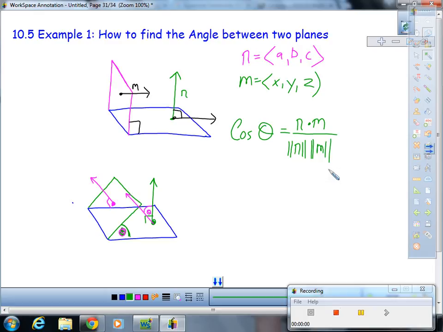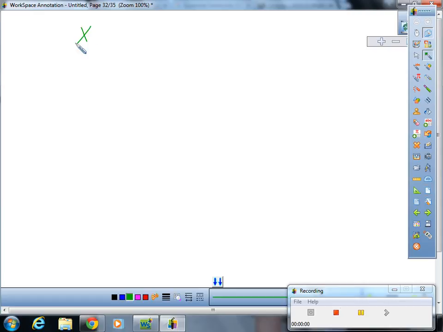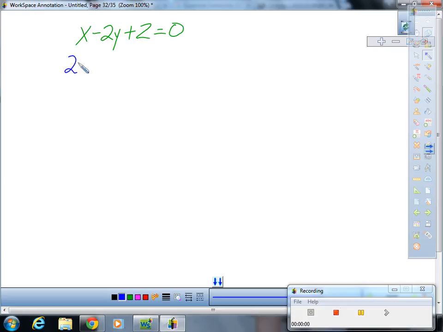So if we wanted to do an example, let's say we find the angle between the plane represented by x minus 2y plus z equals 0, and the plane represented by 2x plus 3y minus 2z equals 0.